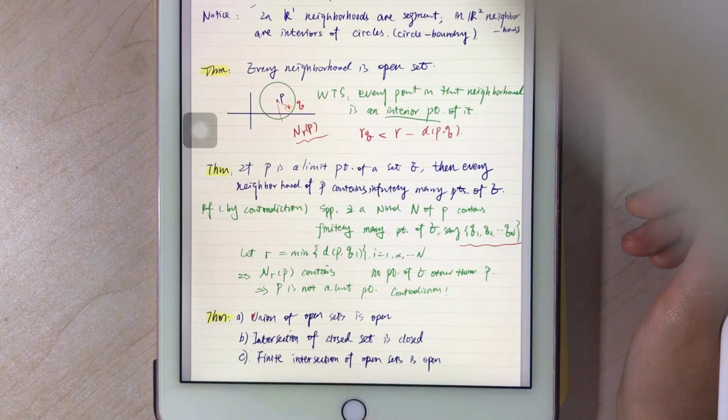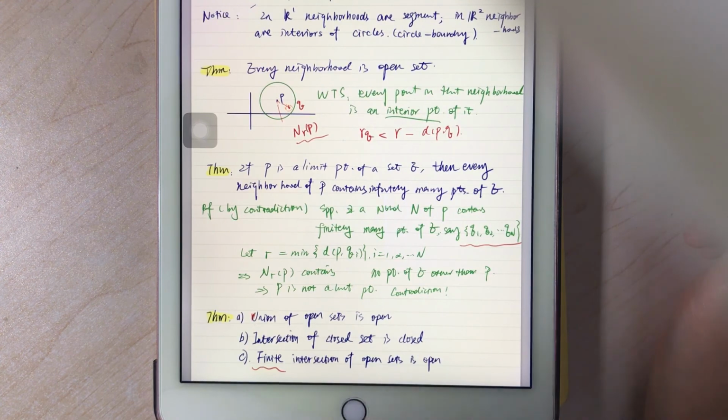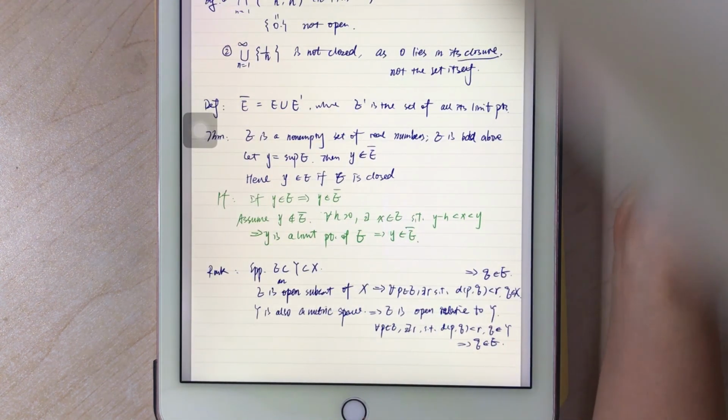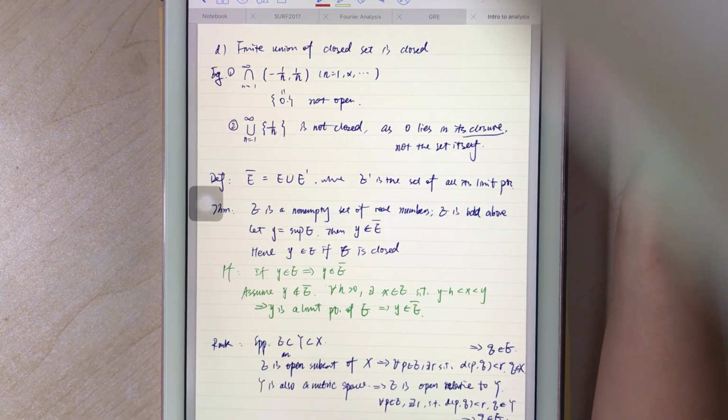But C, we'll say finite intersection of open sets is open. You have to pay attention here. For the intersection of open sets to be open, the intersection must be finite. Here, finite intersection means finitely many open sets intersecting with each other, and the result will be open. And similarly, D: a finite union of closed sets is closed.